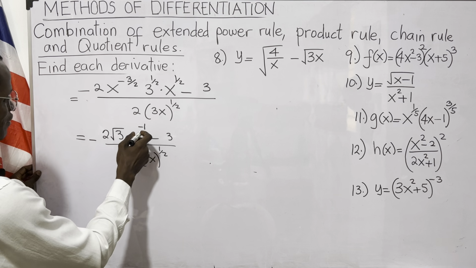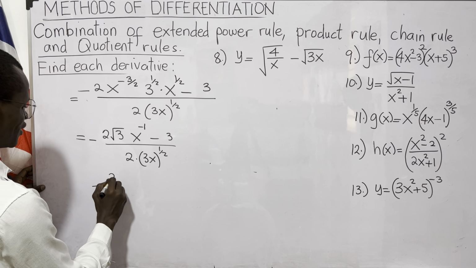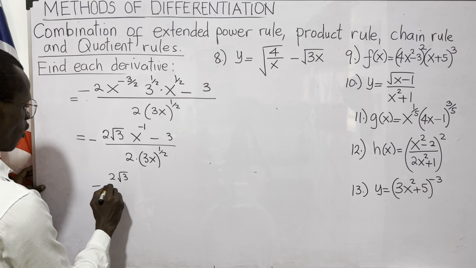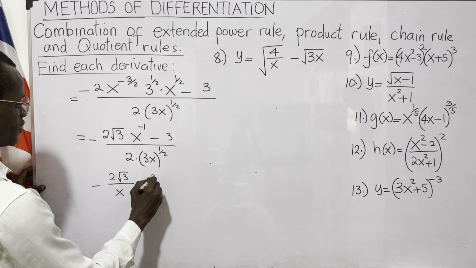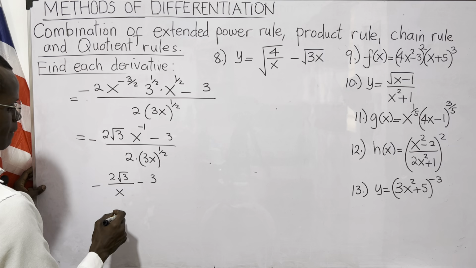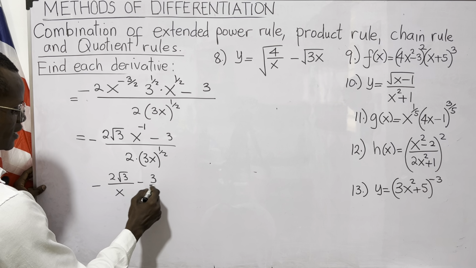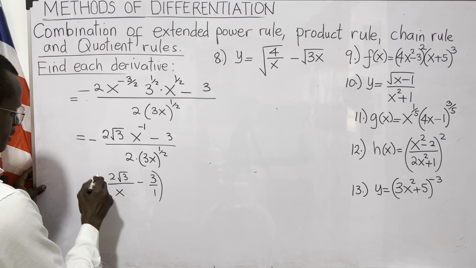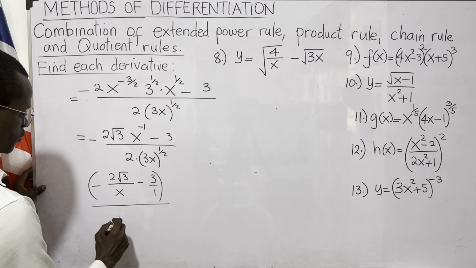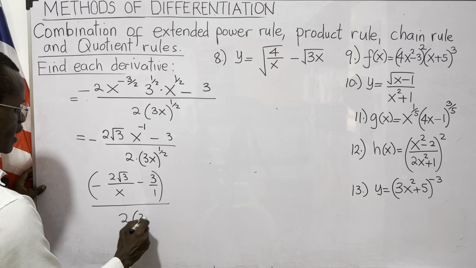So again, we can simplify this one right here. It is minus 2 the root of 3 all over x minus 3. So if we multiply this and this, there's an expression down here that is 2 times 3x raised to the power 1 over 2.